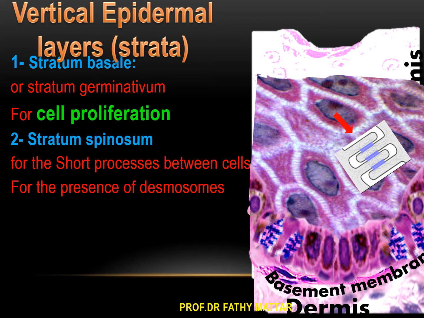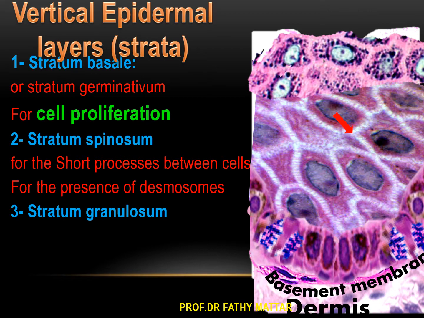So it is like it is spinous and have spines in it, and these short processes occur because during preparation of slides, the cytoplasm of the cells in this layer shrink, and they leave finger-like processes or spines connected by desmosomes, as you see.